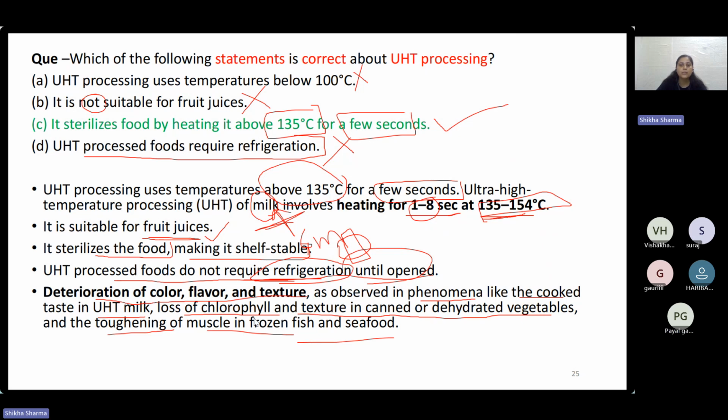Within a few seconds, we are cooling down to normal temperature or below 4 degrees. So there is not much loss, but there will be some color, flavor, and texture changes in some food products, but not all. The nutrition loss is somewhat there, but not very high, because the time we are taking is just seconds.